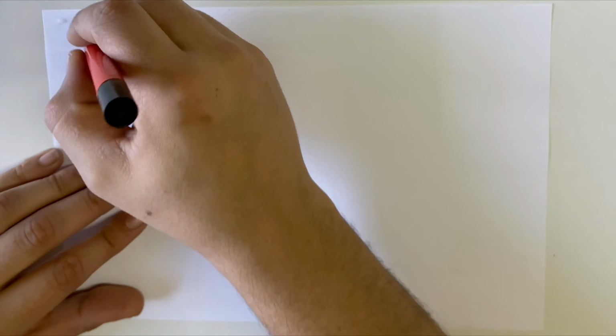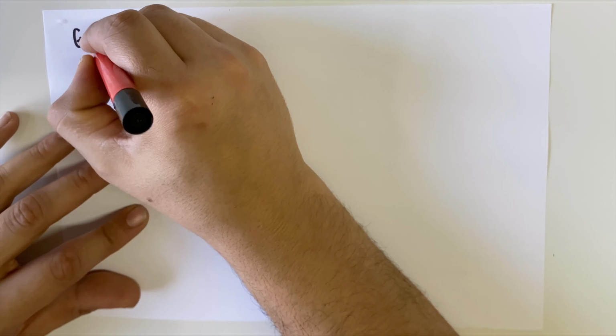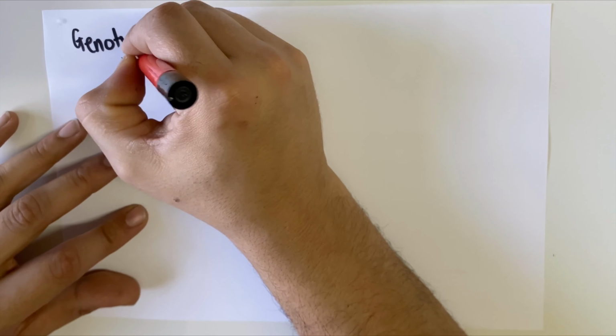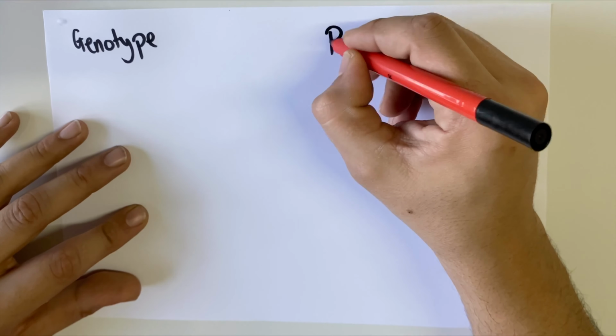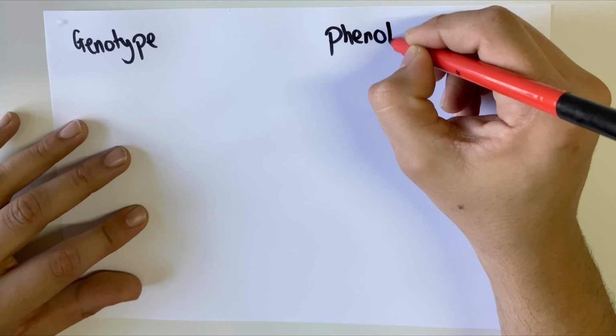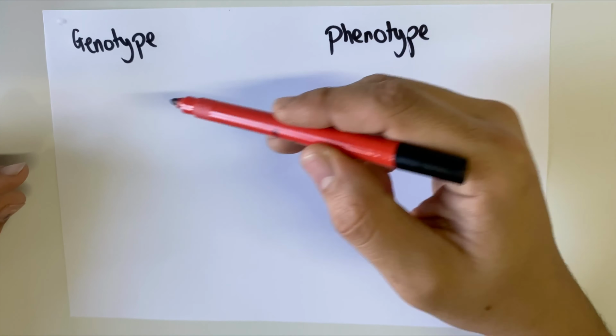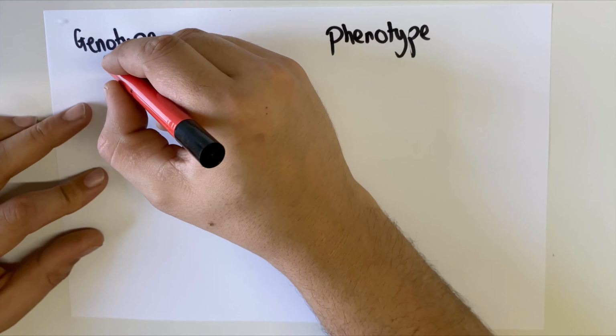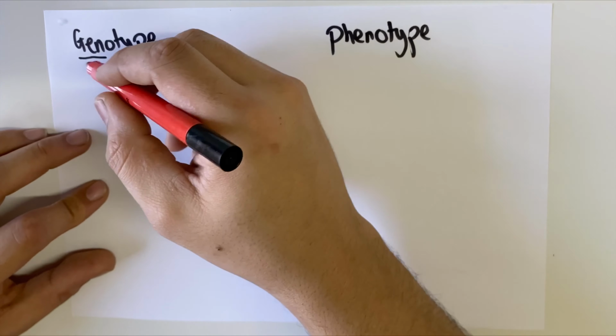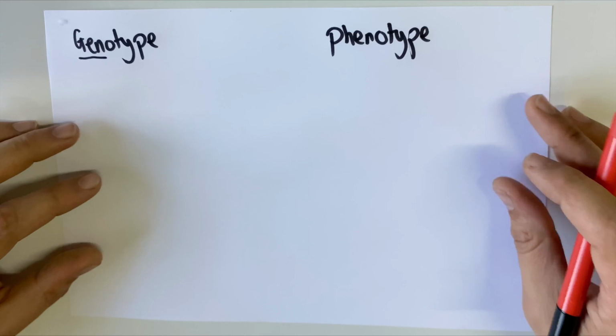So the first 2 terms I want to talk about are what we call genotype and phenotype. They sound kind of complicated, but if we look at the actual terms, here we have the prefix gene, and this gives a clue as to what it's actually saying.